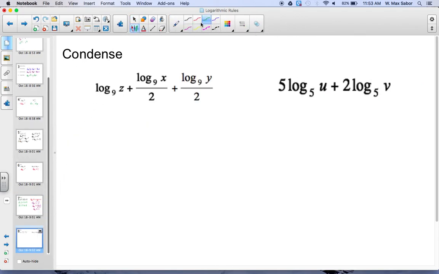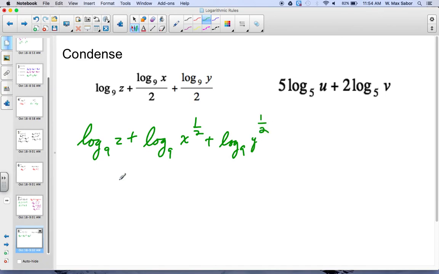When we have something like a coefficient of 1/2, that's the same thing as having a power of 1/2 inside. So that's x to the 1/2. If you wanted to, you could write that as the square root.